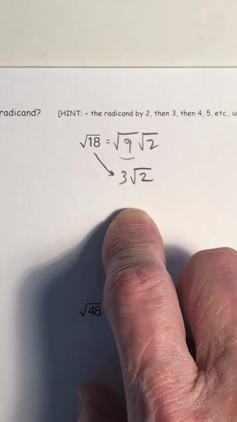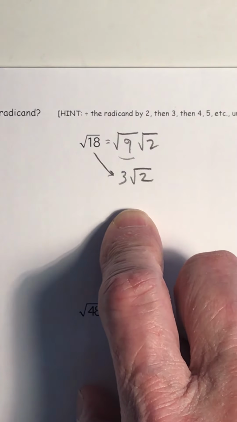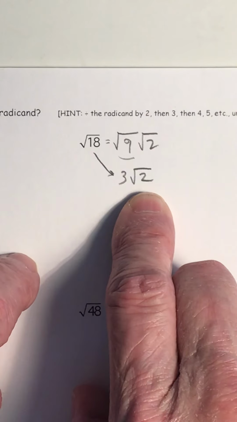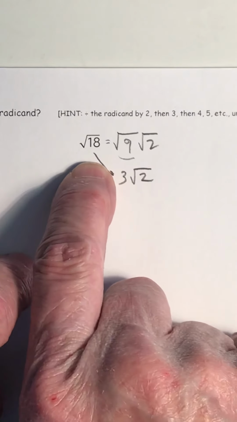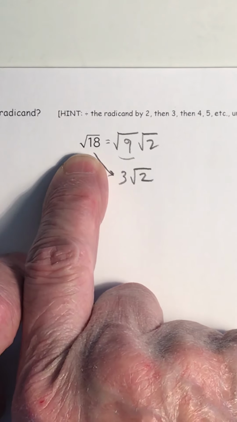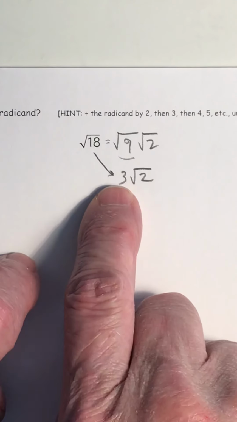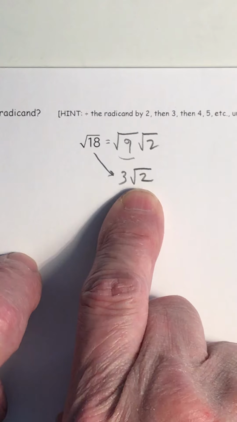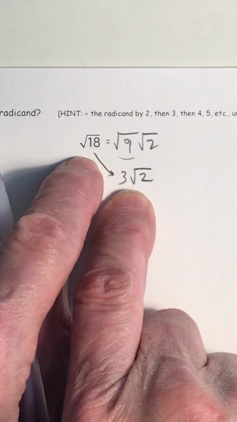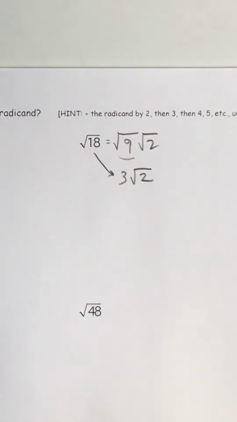So square root 18 is the same as 3 times the square root of 2. And by the way, if you punch that into the calculator, you're going to get a decimal, 4 point something. If you do 3 times square root 2 with the calculator, you should get exactly the same decimal. That is one way you could check your answer.